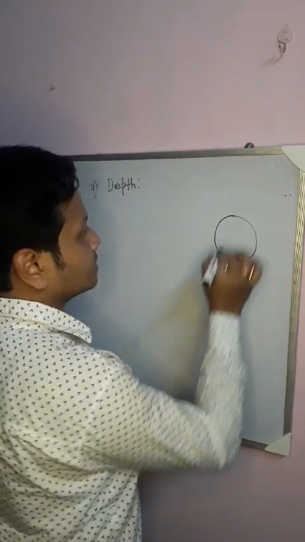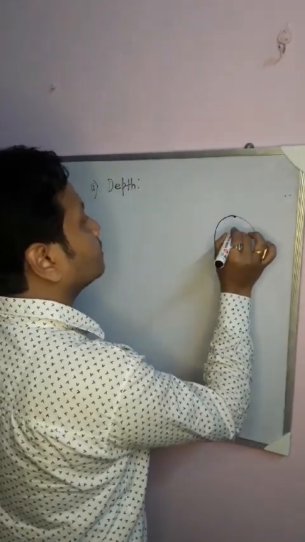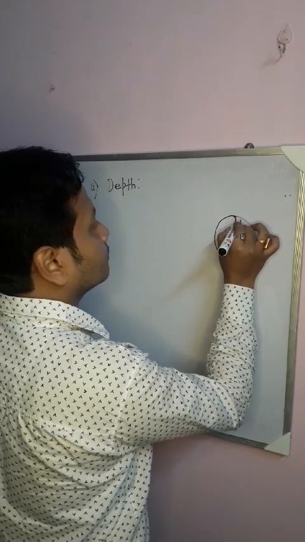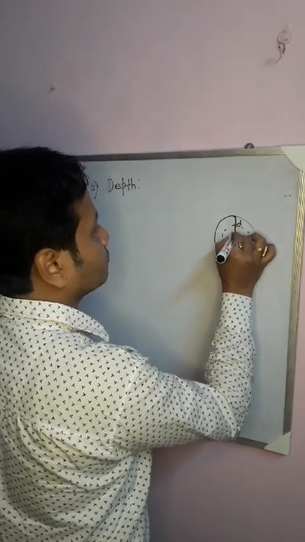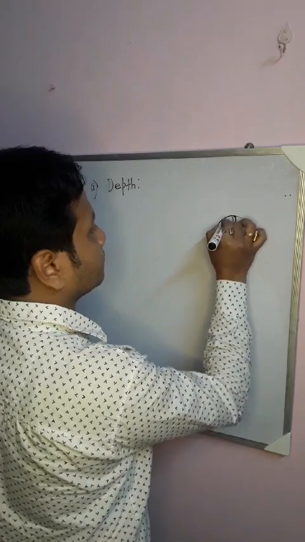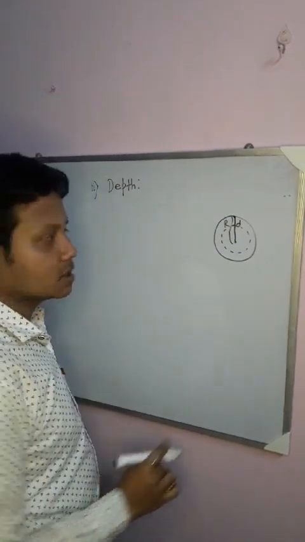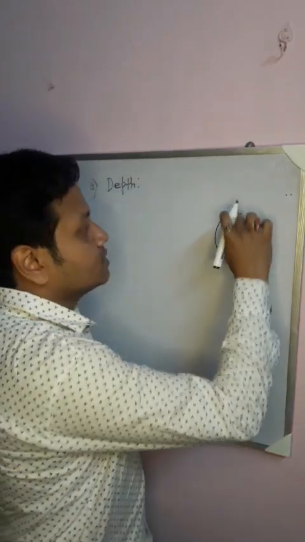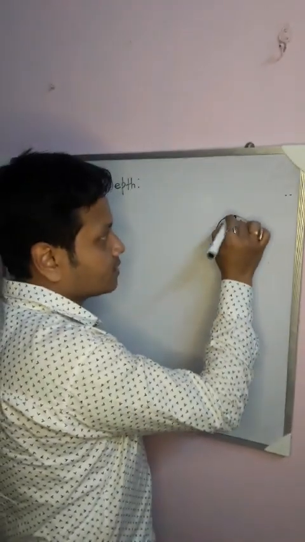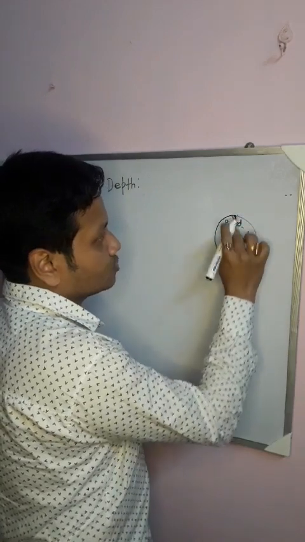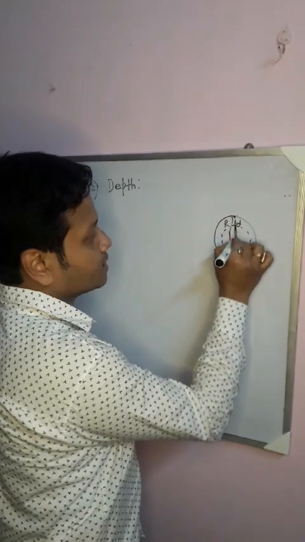Now we assume an object at a depth d, and this is obviously the radius R. The object is located at a depth d from Earth's surface, that means this is d. So this is simply R minus d.